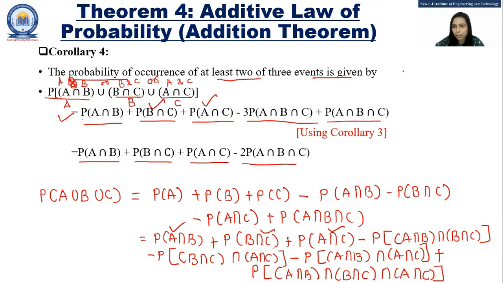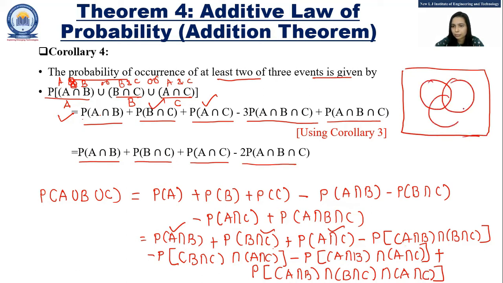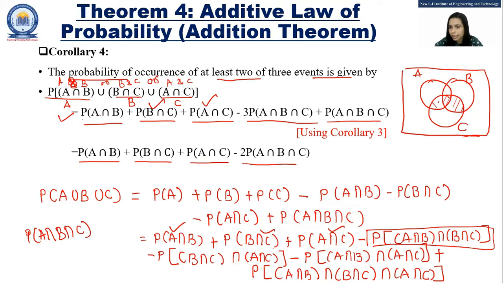Now see, I'm drawing one Venn diagram. A, B, C. P of A intersect B, that means this part, and P of B intersect C, that means this part. So this is nothing but similar to P of A intersect B intersect C. Similarly, B intersect C, that means this part, and A intersect C, that means this part.